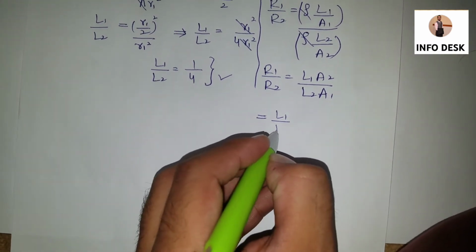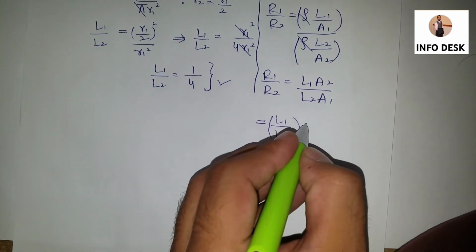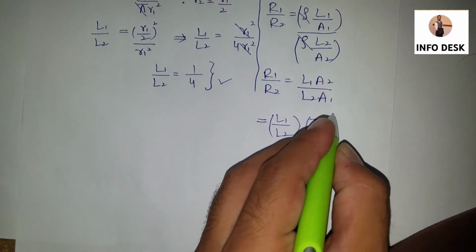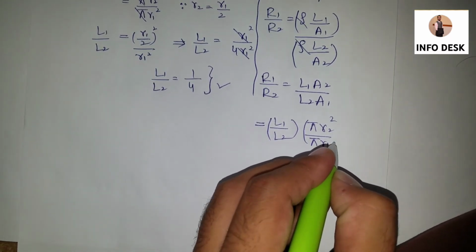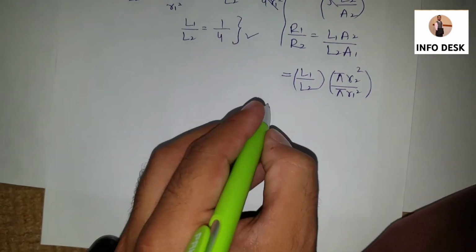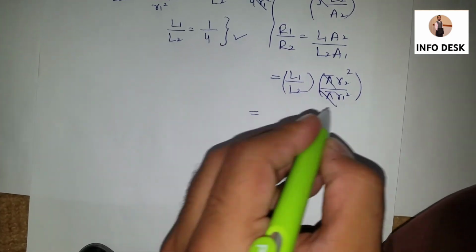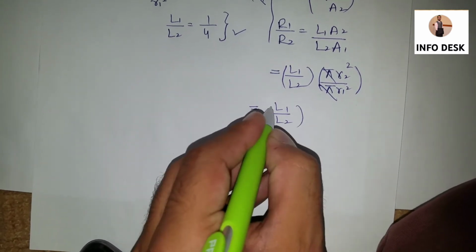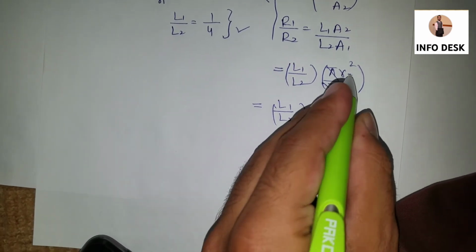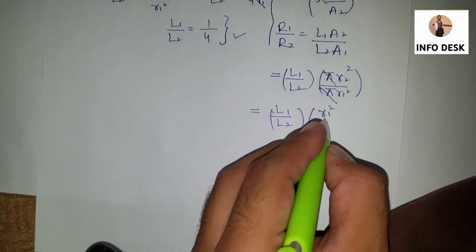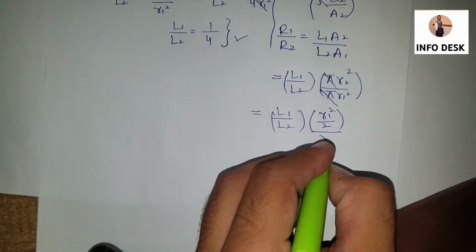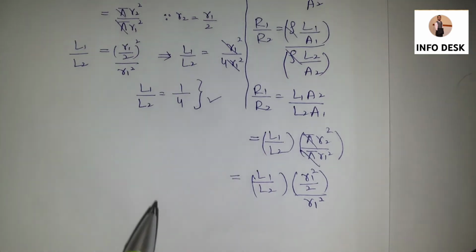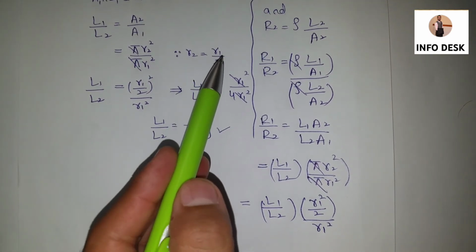So L1 over L2 is inside the parenthesis, and the ratio of the areas is again pi r2 squared over pi r1 squared. After cancelling and putting the radius values, the ratio becomes (r1 squared by 2) divided by r1 squared, as we already found the value of the radius r2 equals r1 by 2.